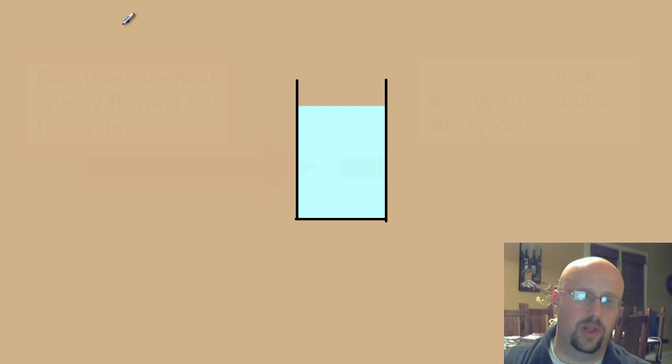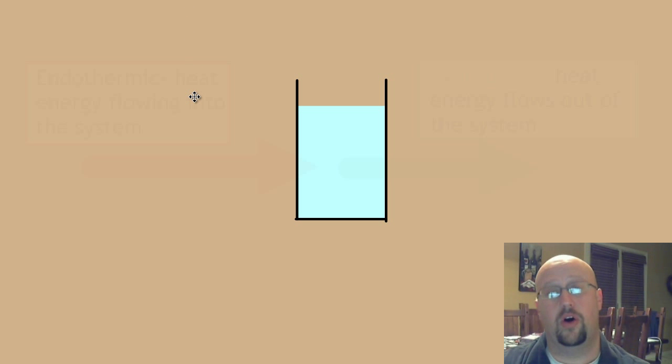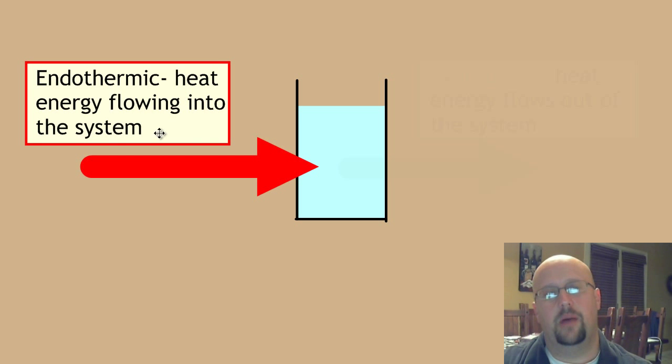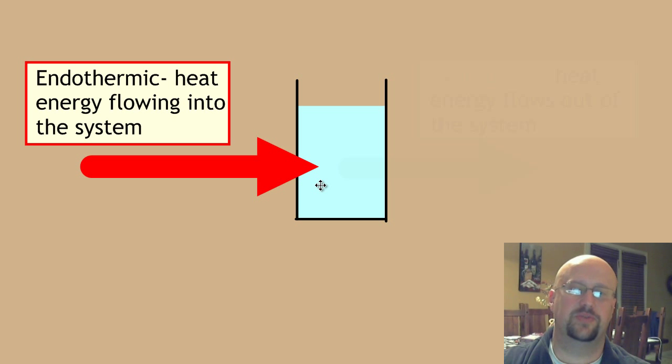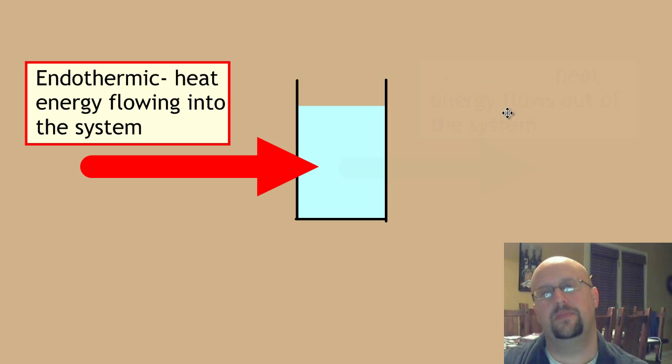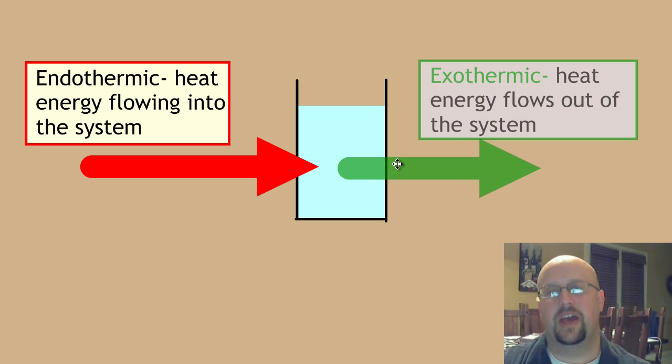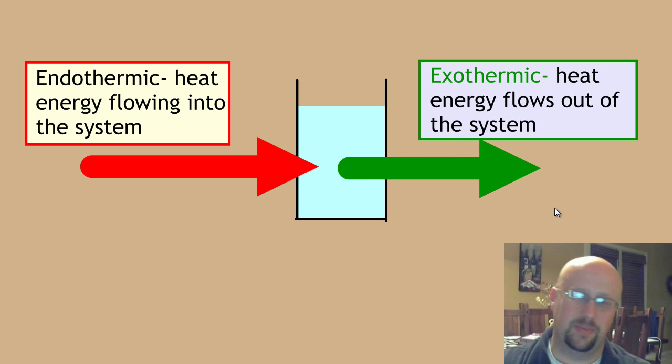So that's all well and good. And how that relates to the system, a couple of terms that go along with that we will hopefully remember from Chem 1. If the heat energy is flowing into the system, then that is what we say is an endothermic situation. And if energy is flowing out of the system, that is what we call an exothermic situation. If you remember, we had particular signs associated with that.